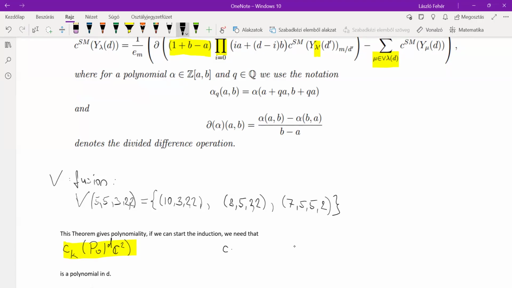So if you want to calculate the Chern classes of all the C2 to CD, then these are very famous formulas of Lascoux and Thom, I hope my pronunciation is correct.